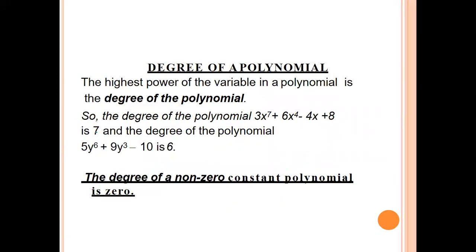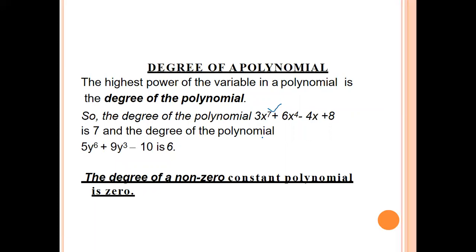Now the degree of the polynomial. The highest power of the variable in a polynomial is the degree of the polynomial. As you see here, the highest power of the variable is 7, so 7 is the degree of the polynomial, and the polynomial also has 7 solutions.